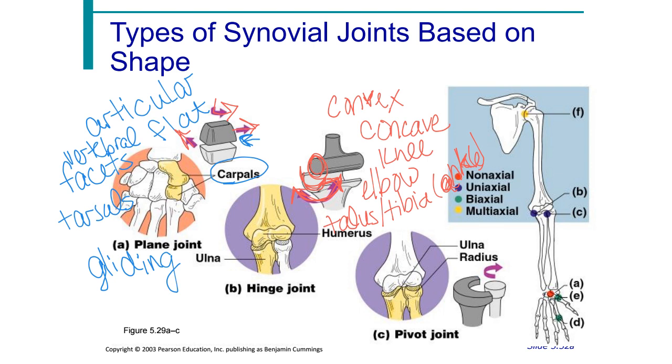Our next one is a pivot joint. A pivot joint is going to do exactly that. It is going to pivot. It allows for rotation around one particular axis, so either around the x-axis, the y, or the z, but I get rotation only around one axis. An example here is the radius and the ulna.